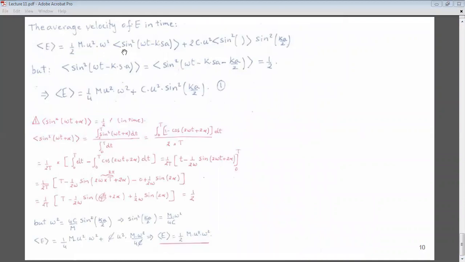It is the average of whatever has the t in it. So E is half m u square omega square sine square omega t minus KSA plus 2c u square sine square omega t minus KSA minus KA over 2 sine square KA over 2, right? In order to get the average, we do the average of the whole thing, but half m u square omega square are constant, so they go outside. So I will have left the average of sine square omega t minus KSA plus 2c u square, the average of the second component.